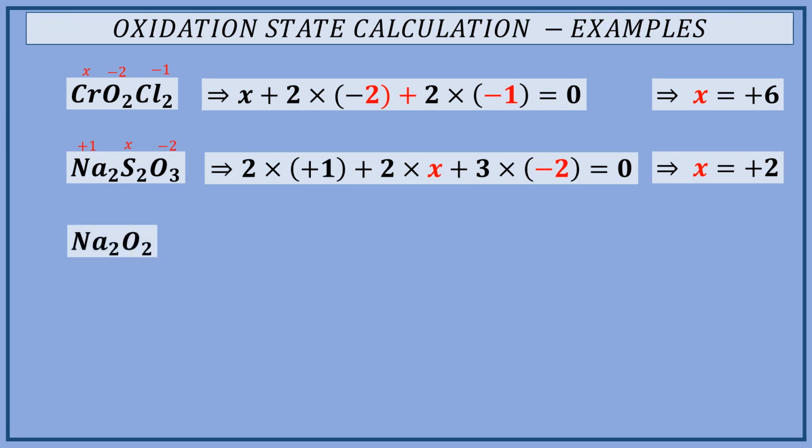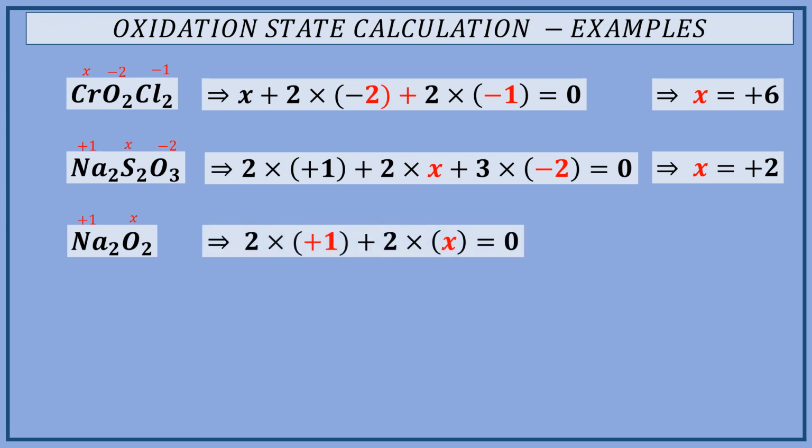In Na2O2, this is again a case where we will get the oxidation state of oxygen as something different from its general value. Because the oxidation state of an alkali metal is fixed to be equal to +1, we have to calculate the oxidation state of oxygen, which we assume is x. Then the equation becomes 2 times +1 plus 2 times x equal to 0.